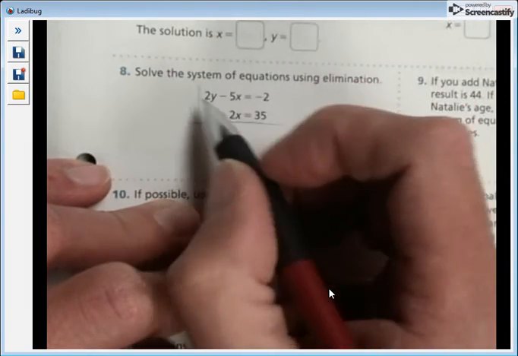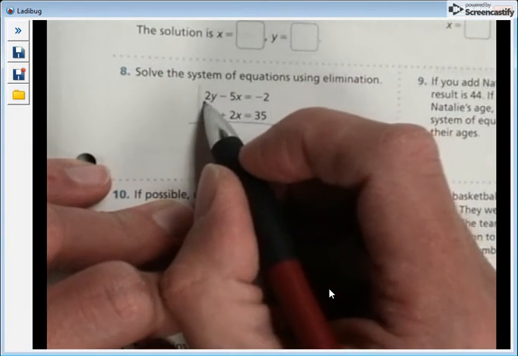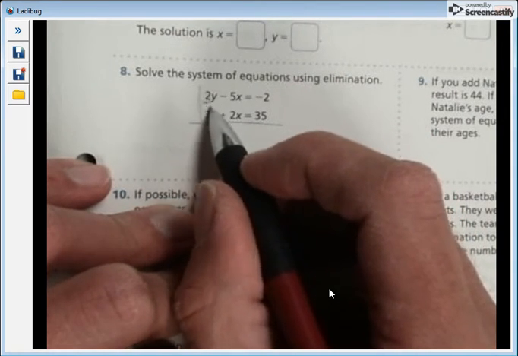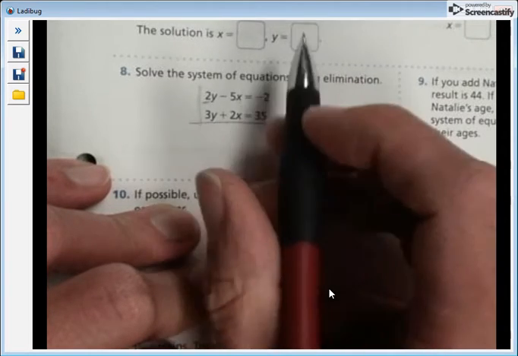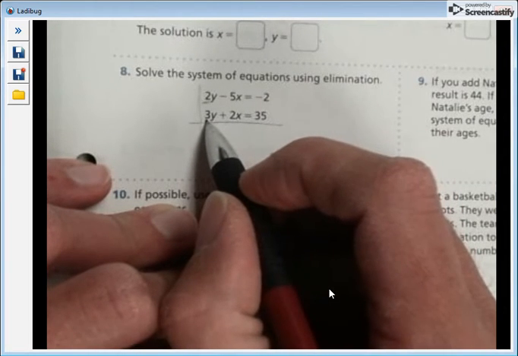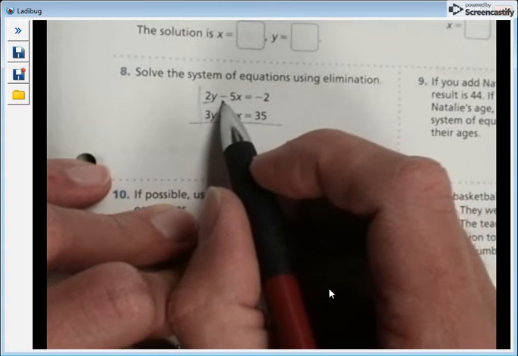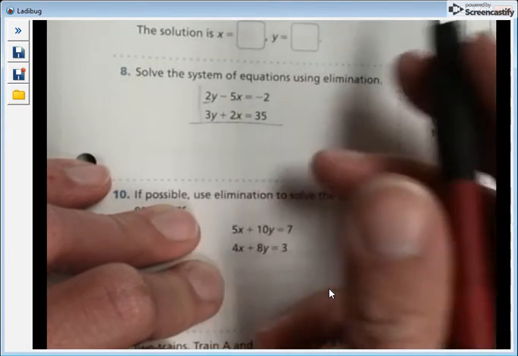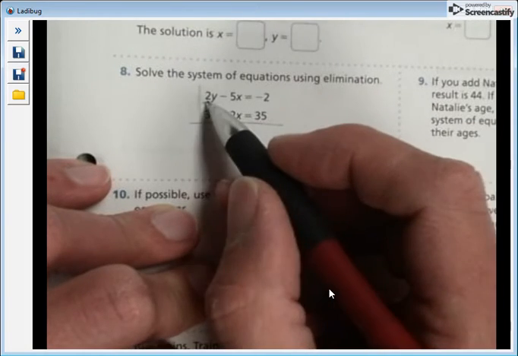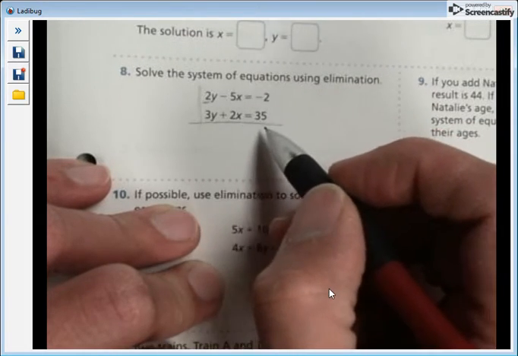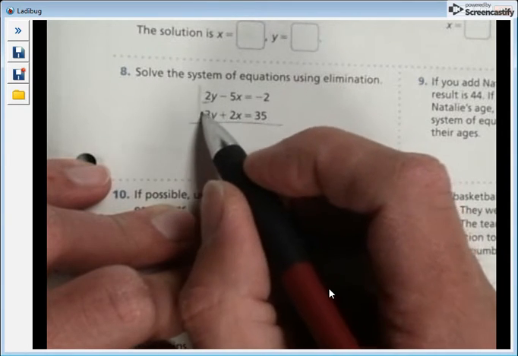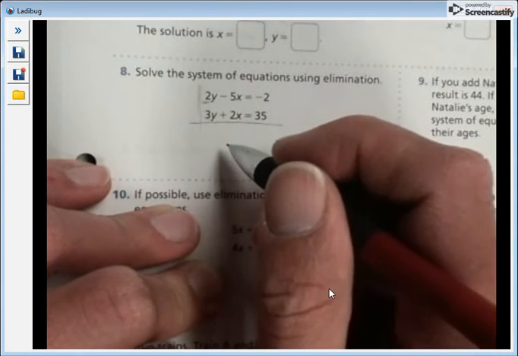And what you want is to create a situation where this coefficient, or the number in front of the variable, is the same, ideally the opposite as the other one, right? So here I have a 2 and a 3. Those are non-opposites. -5 and +2, non-opposites, right? So I want to think about, how can I change these so that I have a number up here and it's opposite down here, so I can eliminate them, okay?